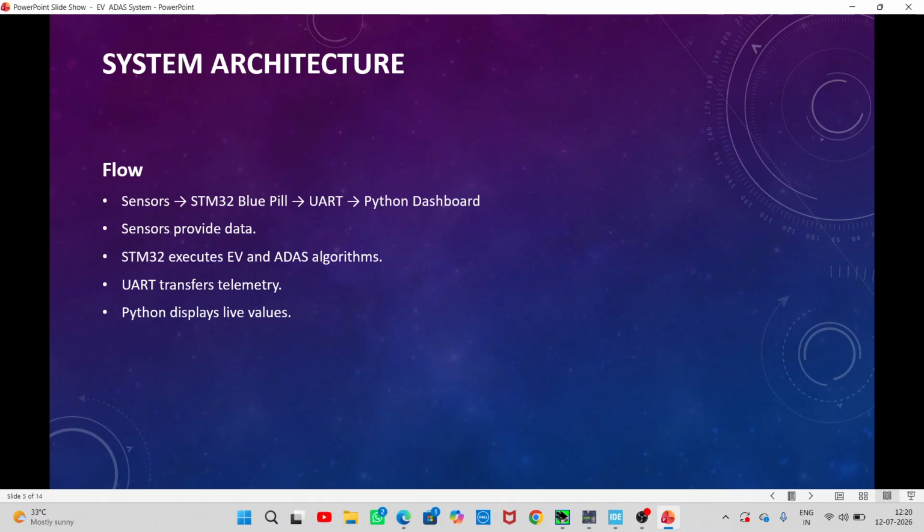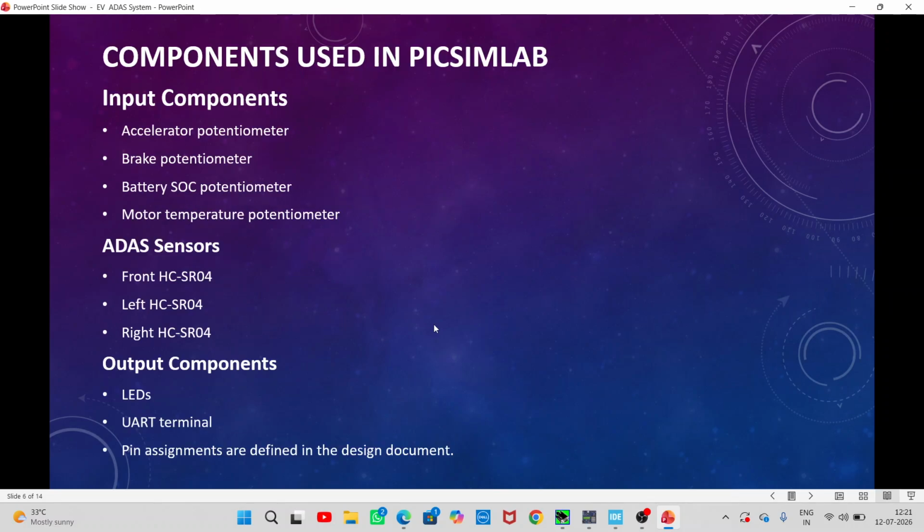The processed data is then moved to the Python dashboard by using UART. What is meant by UART? UART means Universal Asynchronous Receiver and Transmitter. It is a protocol used to transfer the processed data to the Python dashboard. This is the system architecture of our project. Then we move to the next slide.